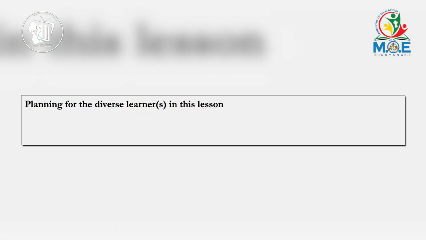Next, planning for the diverse learners in this lesson. And here is where the teacher will cater for all learners in the class. Please note that a diverse learner may not be the same for all subject areas.